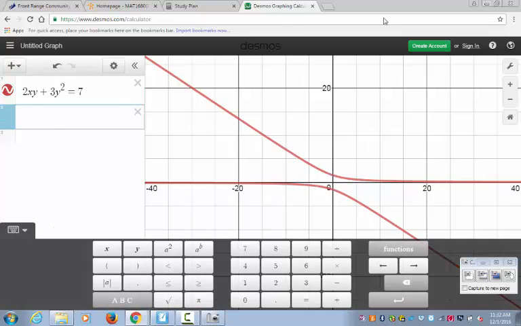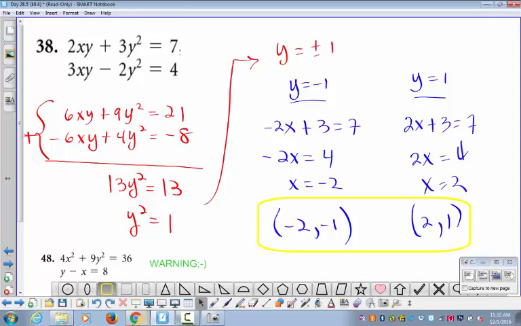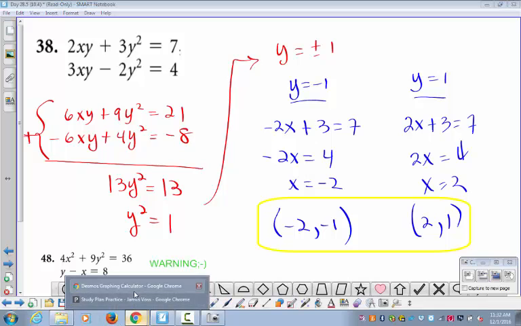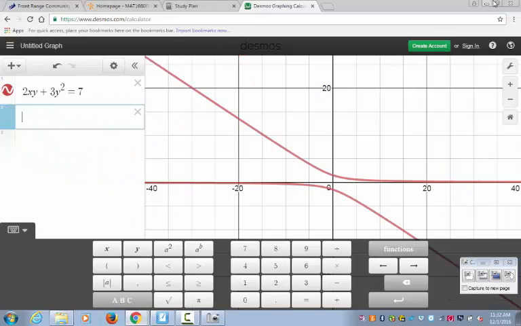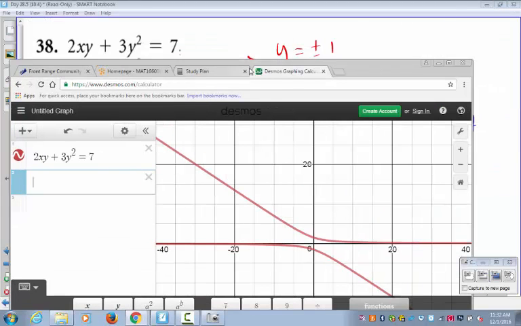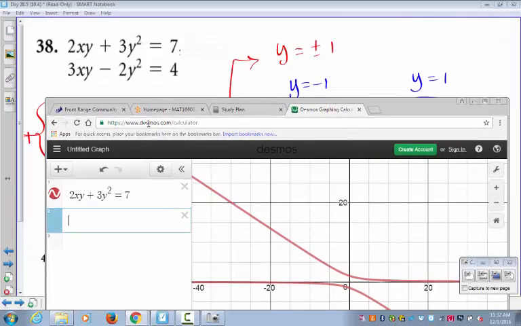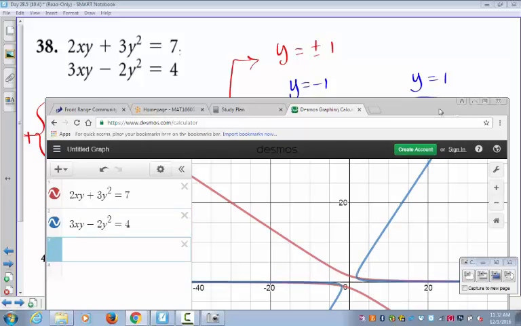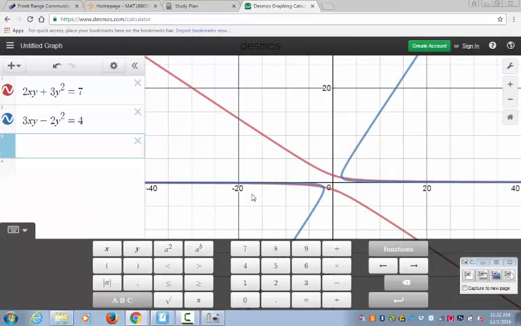That was so fun, we might as well look at the other one. Let's see, shrink, don't go too small. Let's see if that one, 3xy minus 2y squared equals 4. Same concept, right?